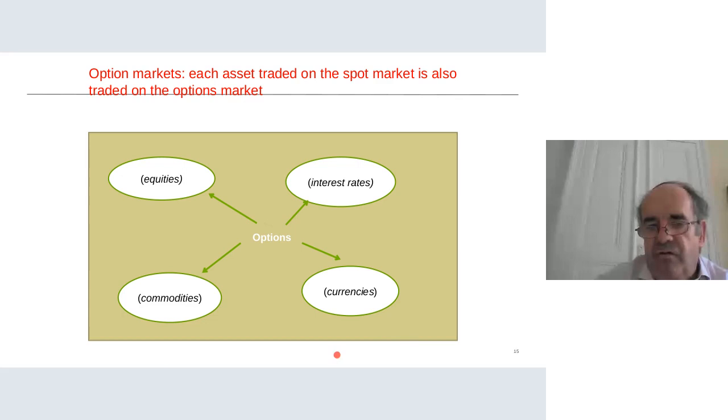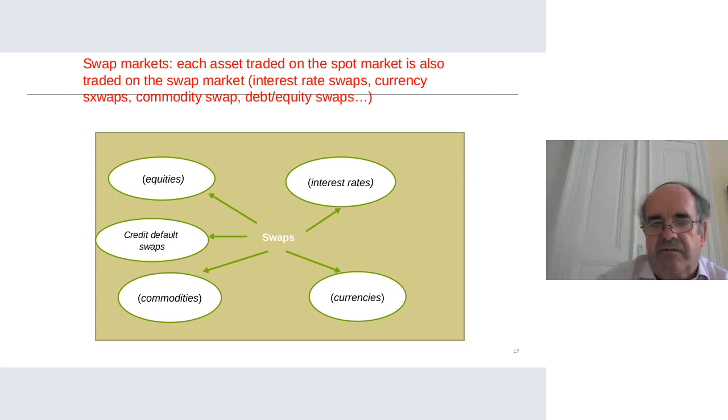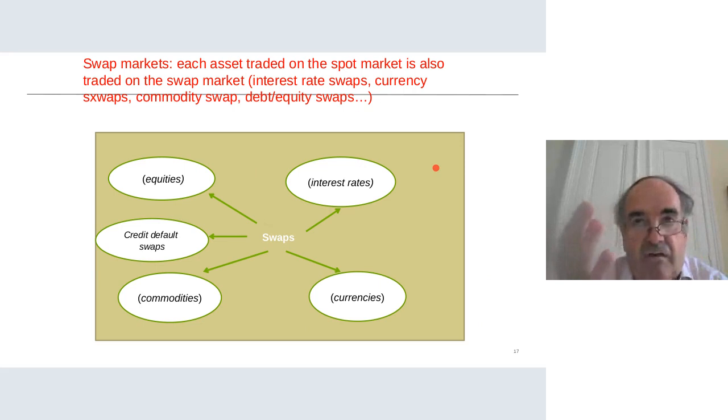Okay, before the break, options I will see after. Swap market, maybe after the break, we will just explain the different kinds of swaps. But what is interesting here is that each class of asset, equities, interest rate, currencies, commodities, even credit, is an underlying asset for swap.